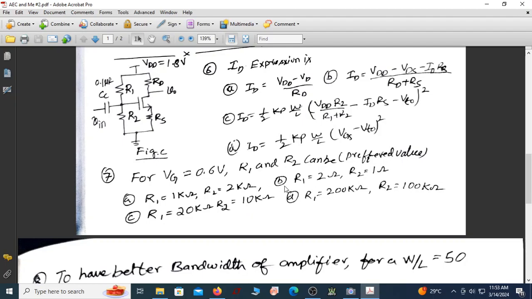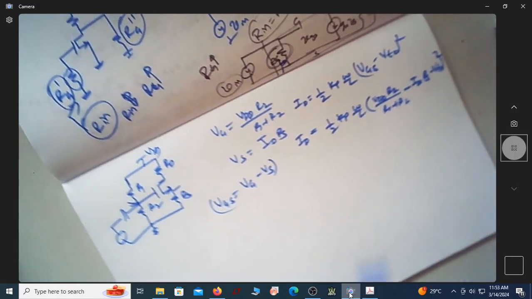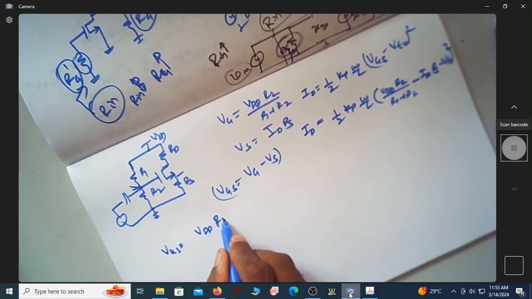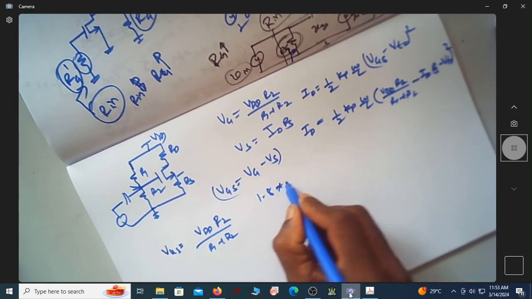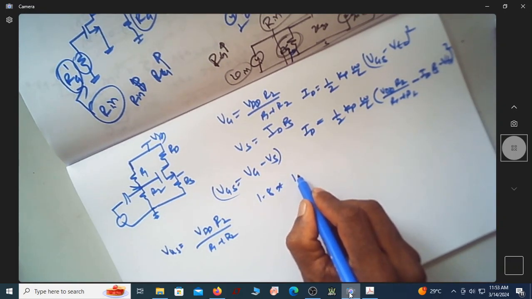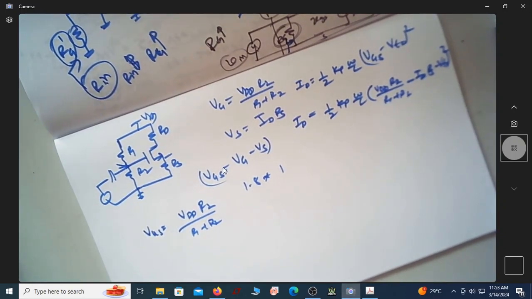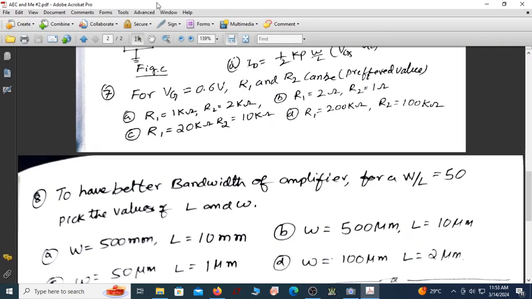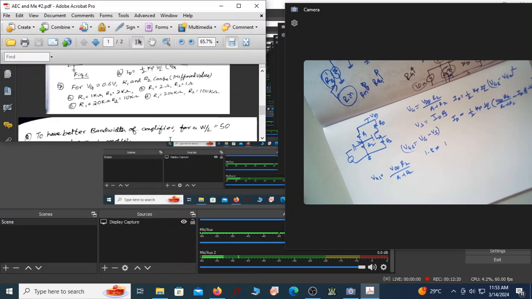Here will also be 0.6. So in options B, C and D, because I know that the value of VGS is given by VDD R2 by R1 plus R2, that is 1.8 into... Now I have the options like, let me just take this to this.